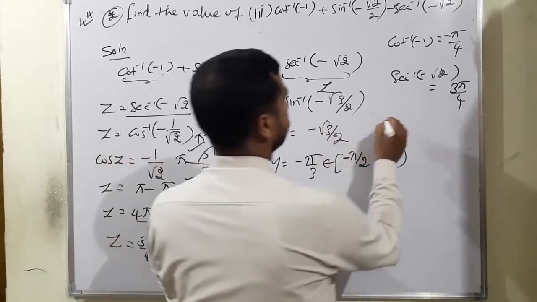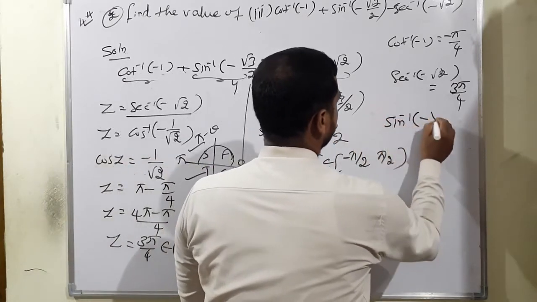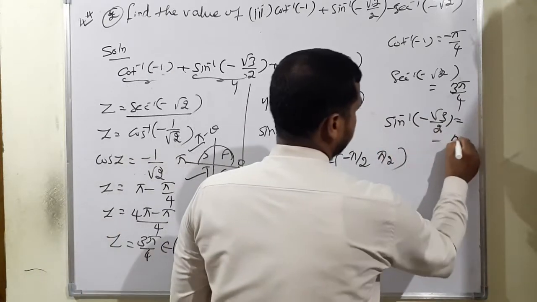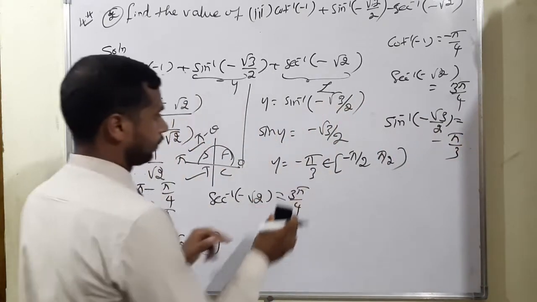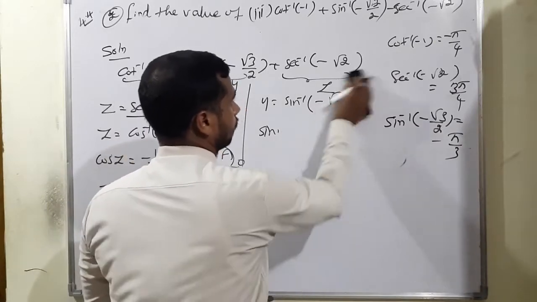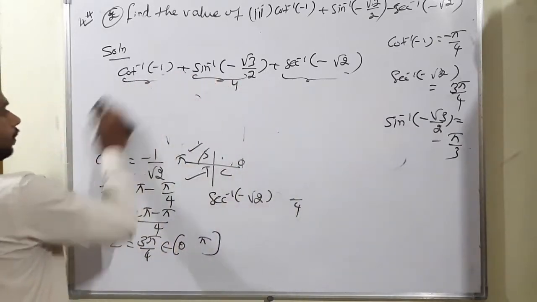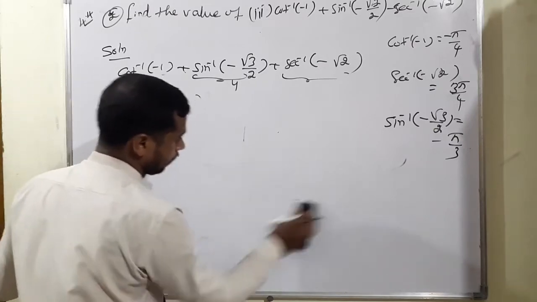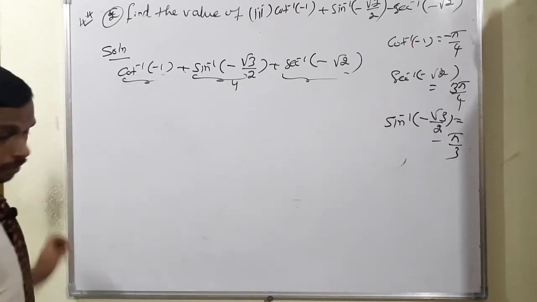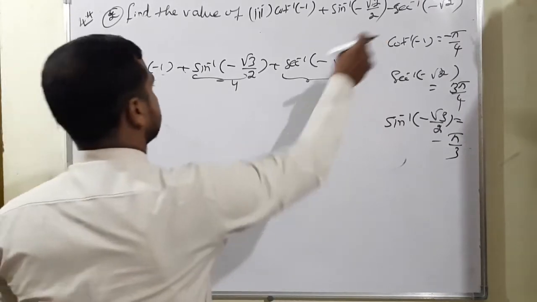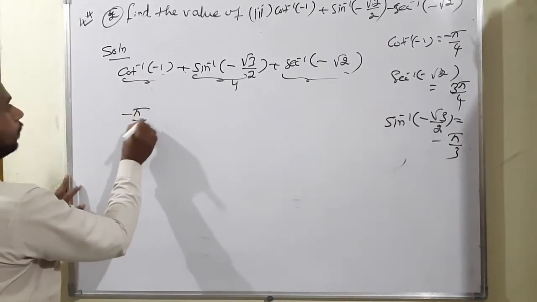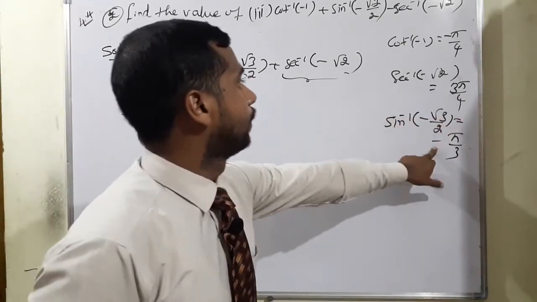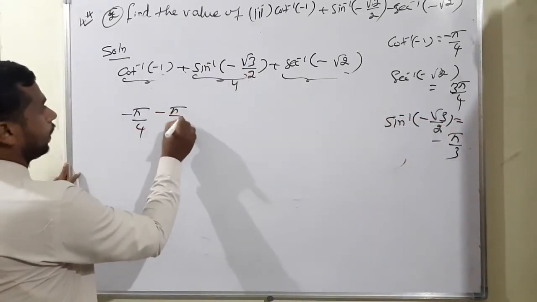Sine inverse of minus root 3 by 2 is equal to negative pi by 3. The first value is minus pi by 4. The second one is positive, but we have the answer negative, isn't it? Therefore, we can write negative pi by 3.